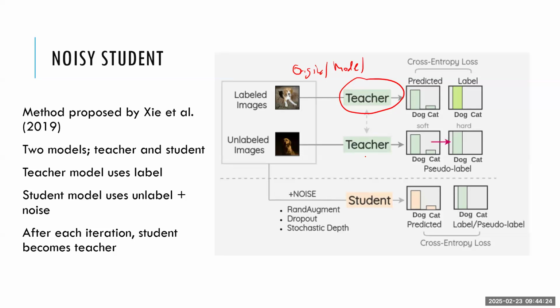And then we use this teacher to create a pseudo label for the unlabeled data. And then we will train the student based on both data. However, we will use both labeled and unlabeled images, but we also add noise. We also add random augmentation, and then you train the student.